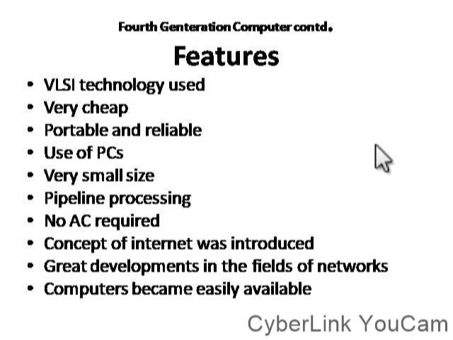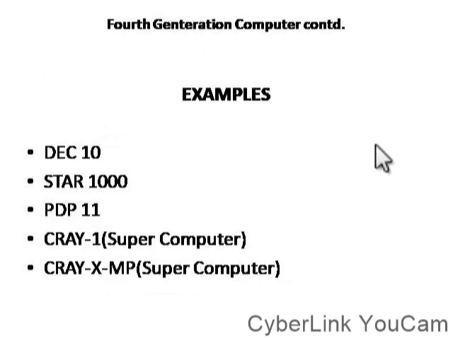That's why the revolution of the PC came into existence, so that common people can also afford and use computers. Concept of internet, great developments in the field of network. Computers became easily available. Fourth generation computer examples: DEC-10, Star 1000, PDP-11, Cray 1, Cray X-MP.